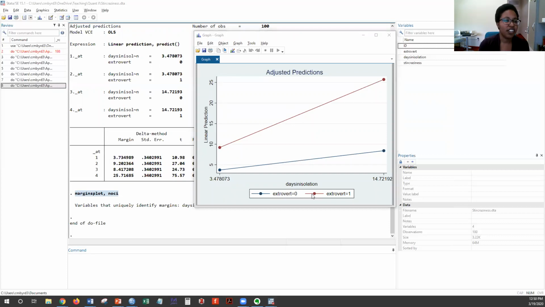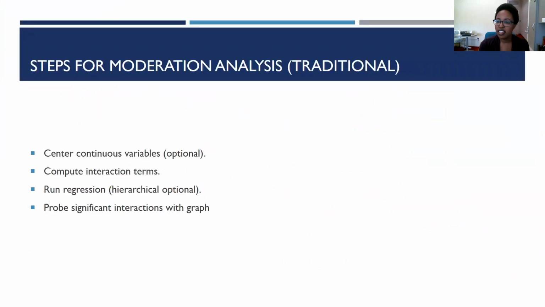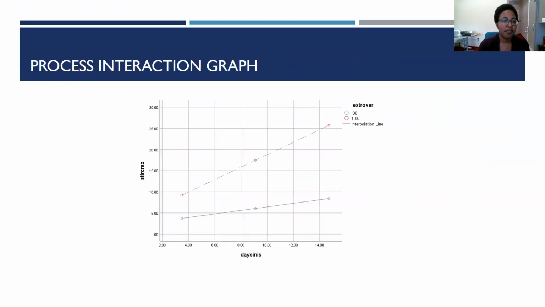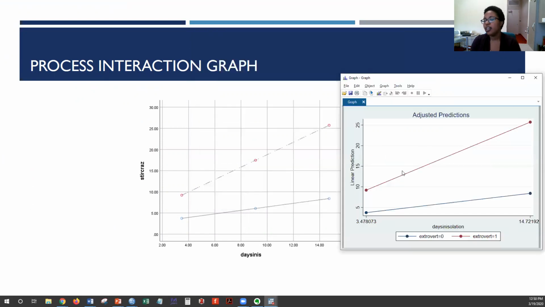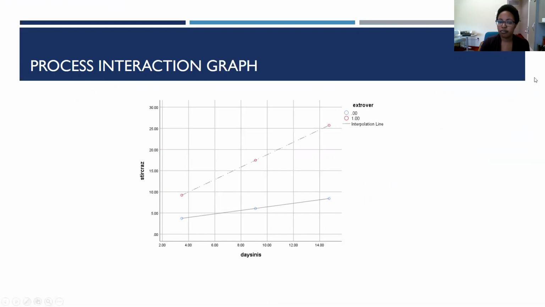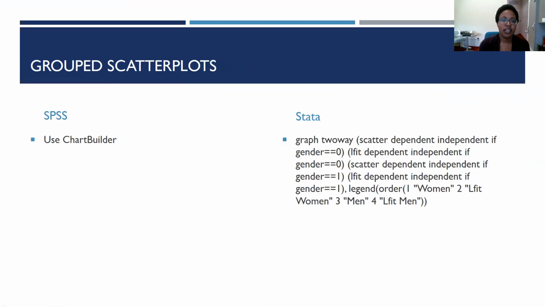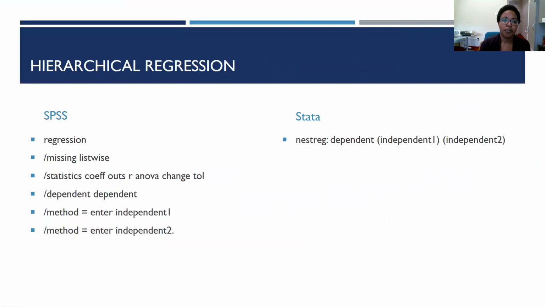You can see, if we go back to a slide, this plot is the same as this plot. This is our interaction graph in PROCESS, and this is our interaction graph in Stata. That's how we get that in Stata. And so now let me show you, okay, so those are the steps in Stata.